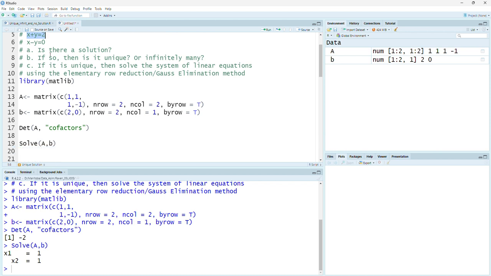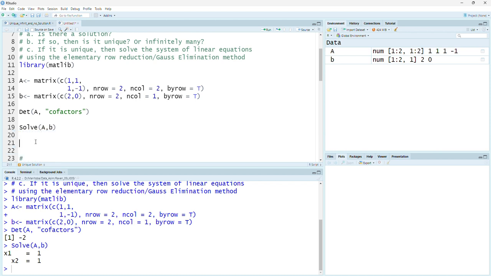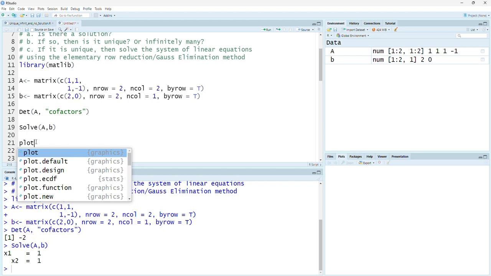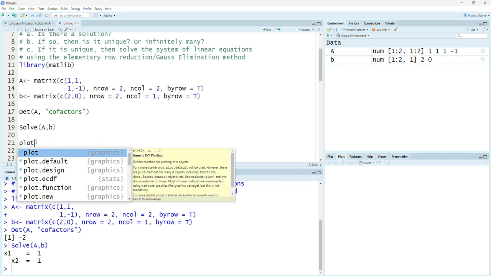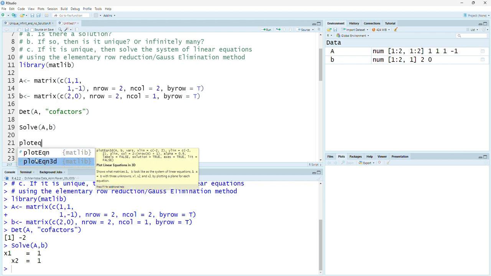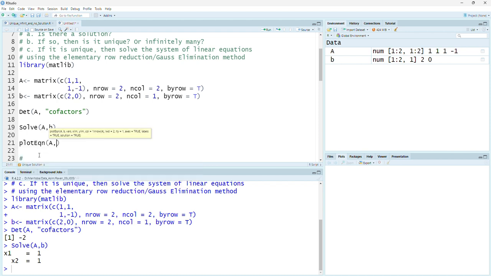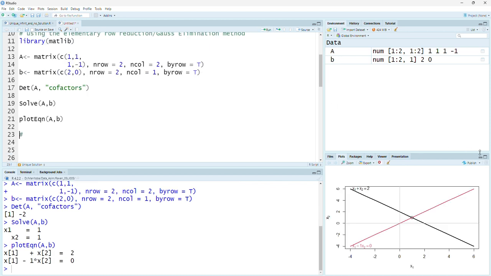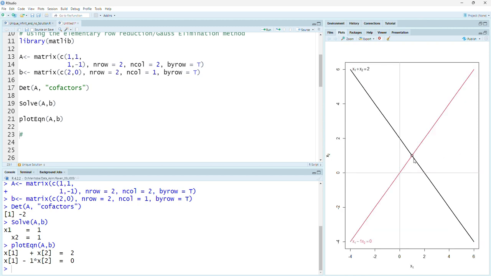So if I plot equation A, B, then on the right-hand side you can see that these two lines intersect each other at a particular point, and that point is unique. This point is 1 and 1. So that is a unique solution.